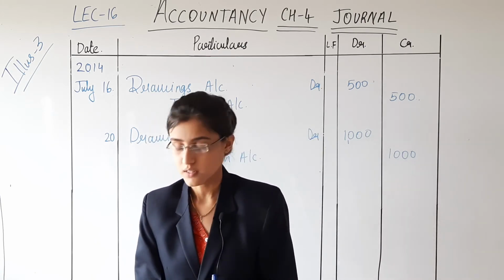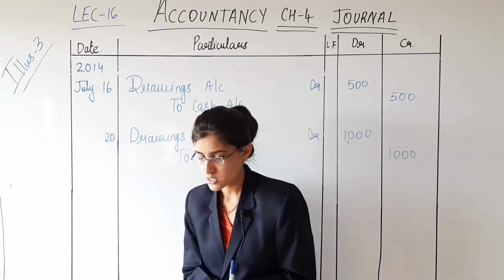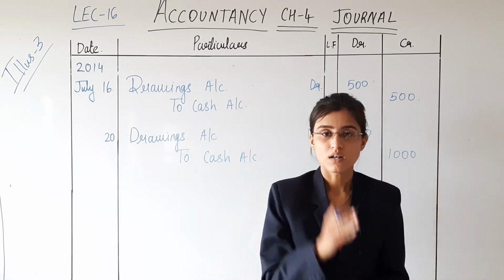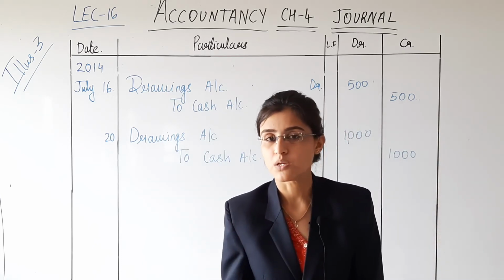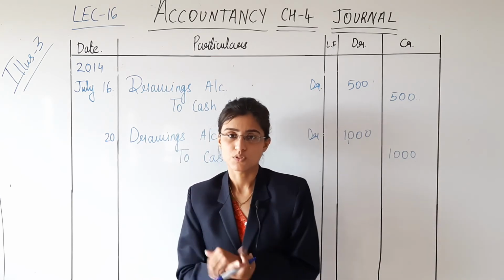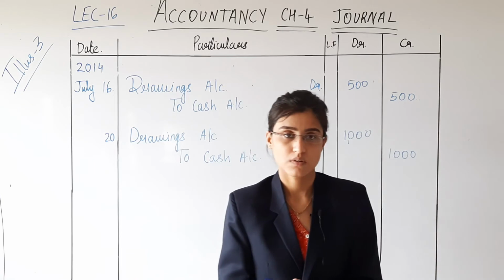Next. 22nd of July, paid rupees 200 for life insurance premium from business. Life insurance premium. Life is of an individual. So again, this is the personal expense of the owner.